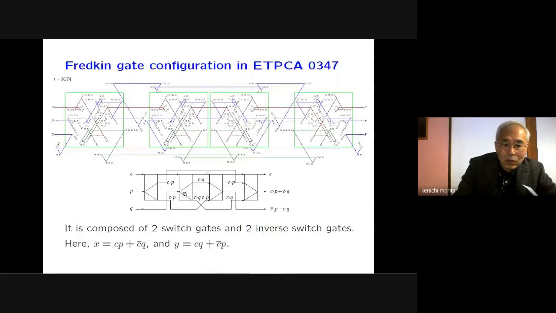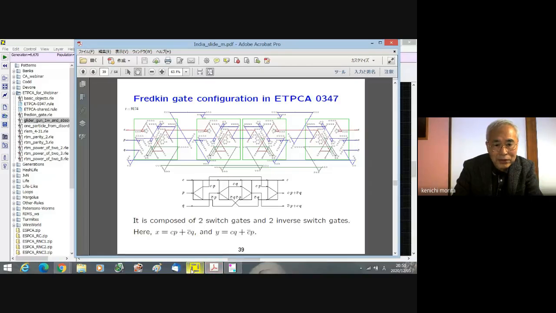And by combining two switch gates and two inverse switch gates, we can compose a Fredkin gate, as shown in this figure. And the configuration in ETPCA 0347 is like this. I will also show this configuration using Golly.